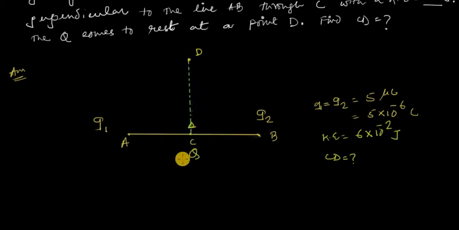Since Q is a negative charge, Q is nothing but minus 5 into 10 to the power minus 6, when it goes up it is attracted by both A and B, because Q1 is positive and Q2 is positive.